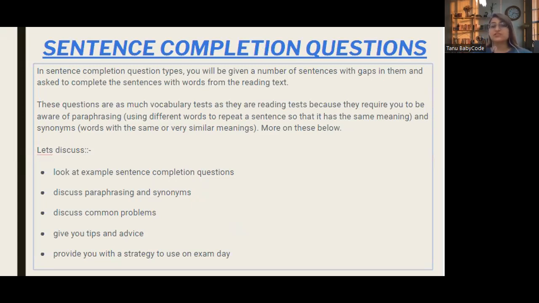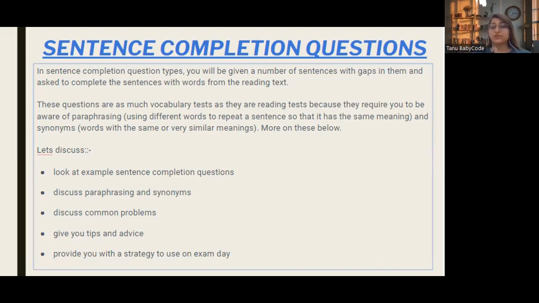In sentence completion, you will be given a number of sentences with gaps in them, as I call, fill in the blanks, and you are asked to complete the sentence with words from the reading test. You have to copy the same word from the text. You cannot change your answer or rephrase it.